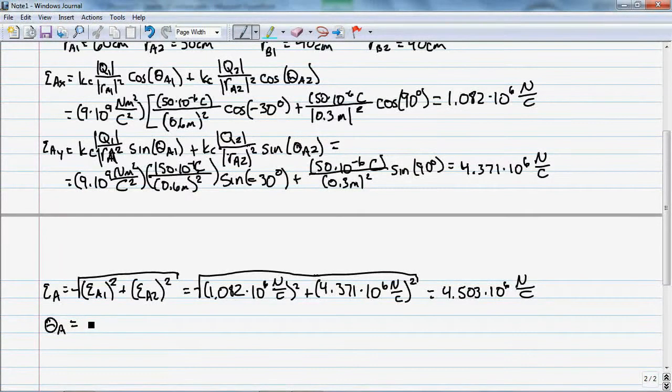And the angle is going to be equal to the arctangent of the y value over the x.